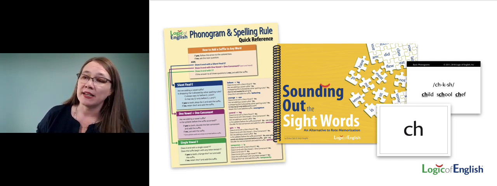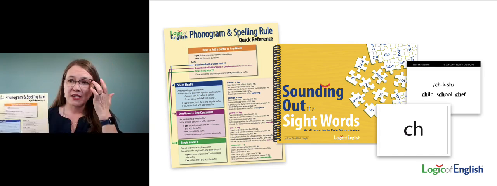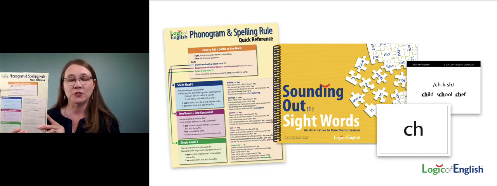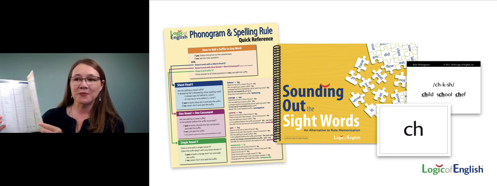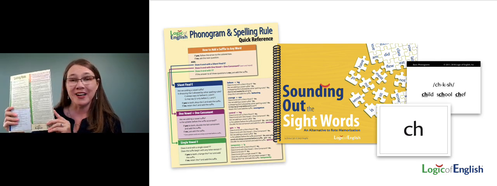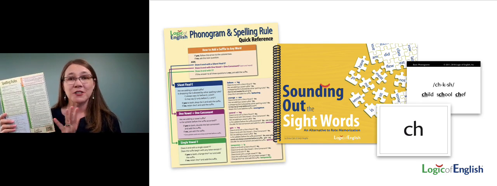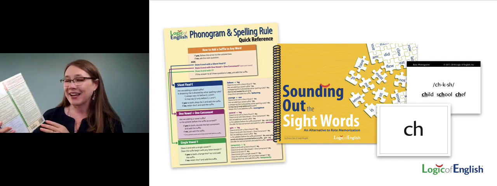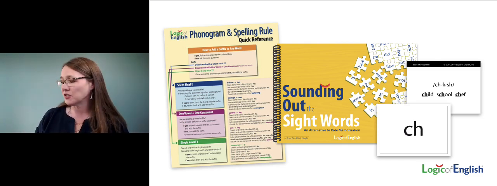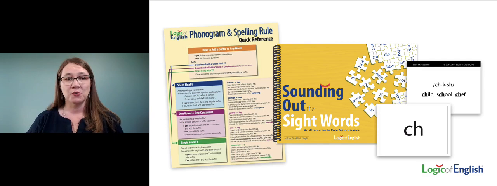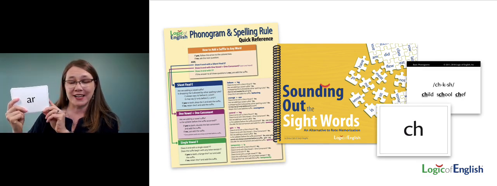That said, many teachers find it very beneficial to have the phonogram and spelling rule reference chart. This fold-out chart includes all the phonograms and the spelling rules in one easy reference tool. So if you've taught one and then you want to look back at it, you can find it here very quickly. Another tool that teachers find beneficial when instructing sounding out the sight words are the phonogram flashcards.